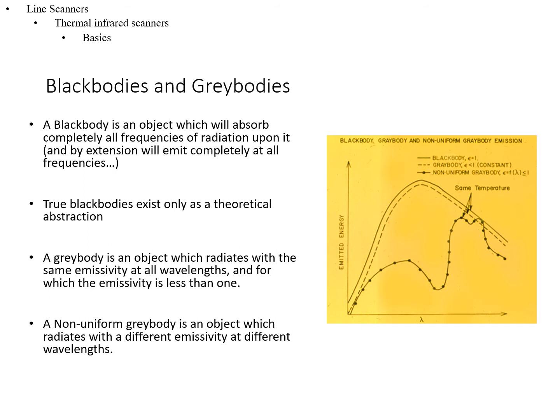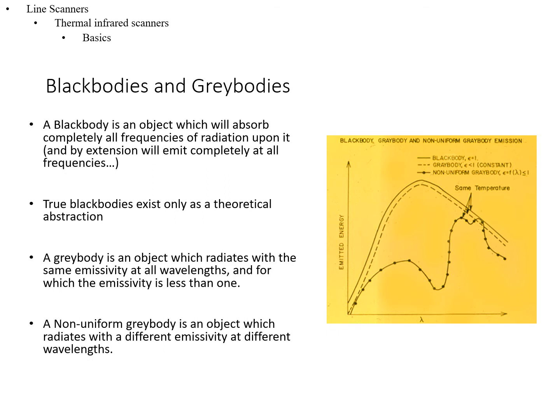So that's that dashed line in the image. The ratio between the amount of energy that's going to be emitted and the amount of energy being emitted by the black body is some ratio. A non-uniform gray body is an object that radiates with a different emissivity at different wavelengths, and that's the line with the little dots on it.